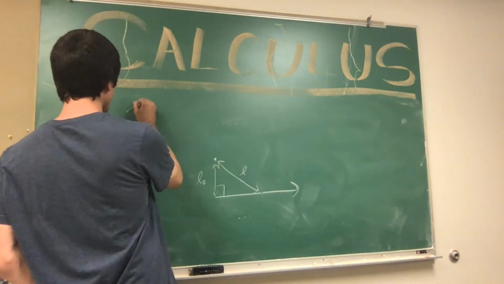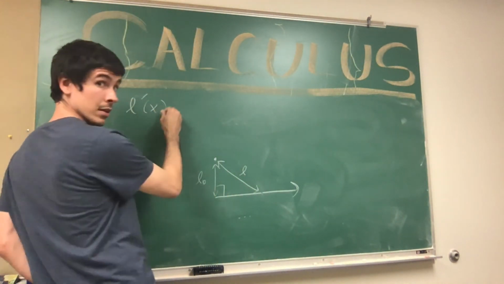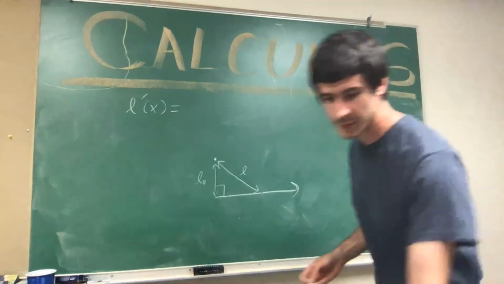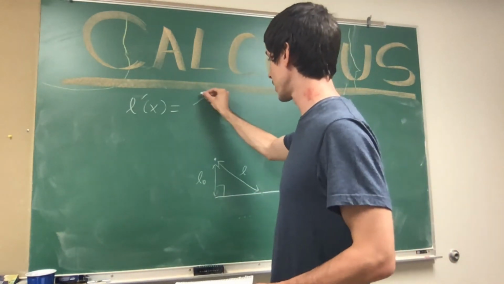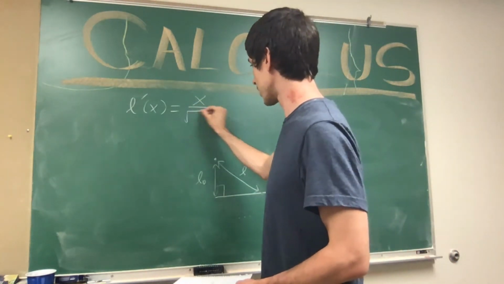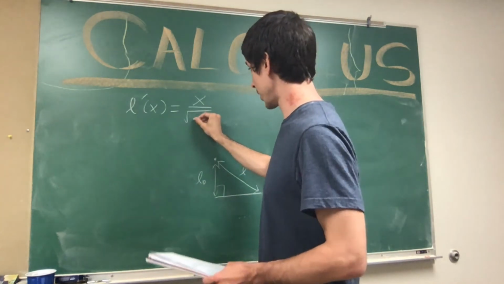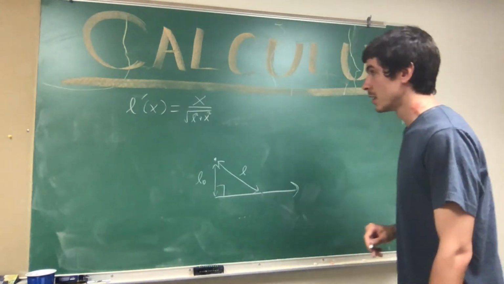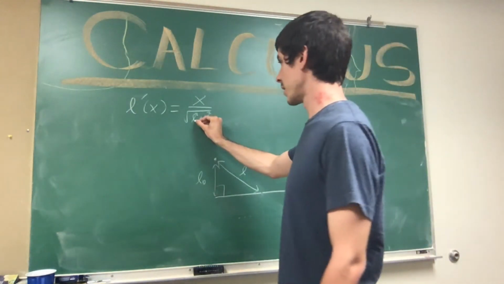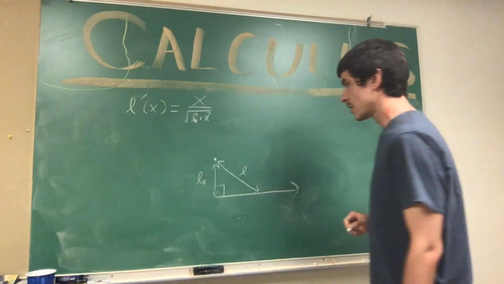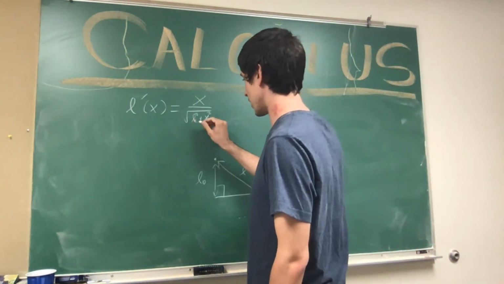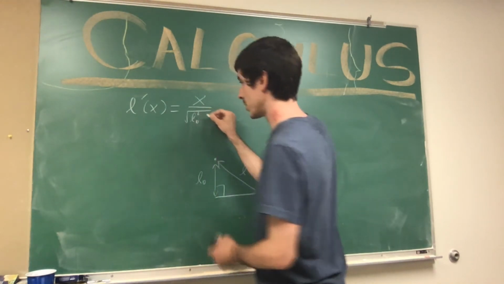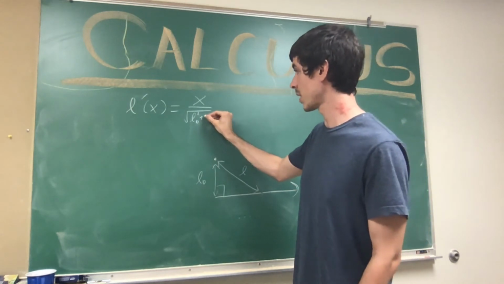So L prime of x equals, now I erased it, equals x over the square root of L0 squared plus x squared.